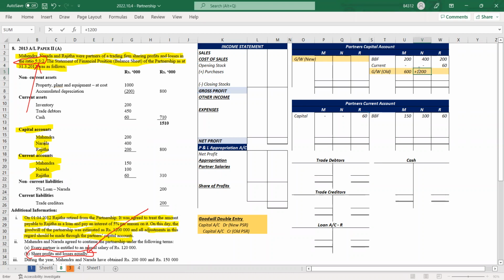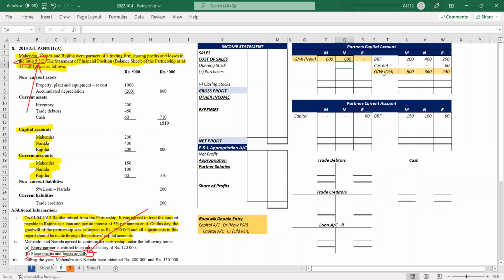Then 1200 into 3/10, 360. 1200 into 2/10, 240. So 600, 360, 240. New ratio is equal, nothing to R because R is retired. So 600, 600. That's it. Goodwill, new ratio 600, 600.